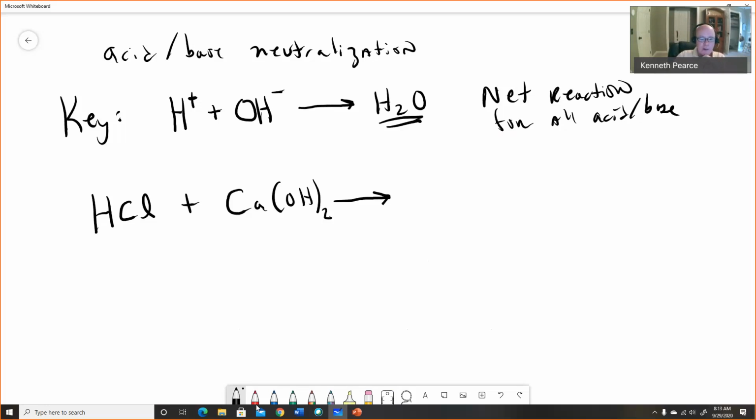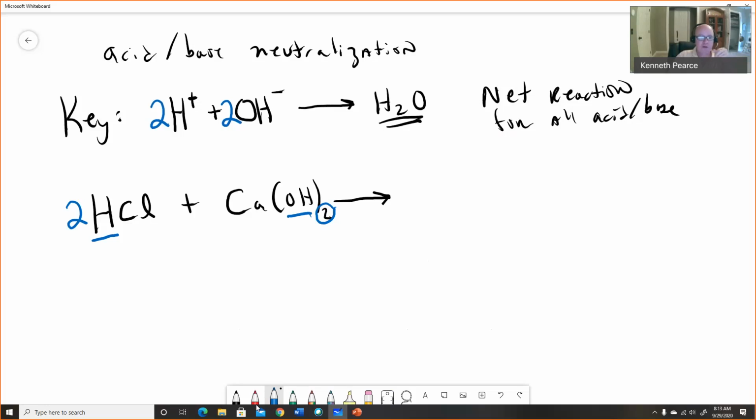But the easiest way to balance these equations is we take a look at how many of the H pluses are we going to get and how many of the OH minuses are we going to get. And if you see over here, we're going to get 2 hydroxides. But for this to be balanced, we also have to have 2 H pluses, which means we have to put a 2 in front of the HCl.